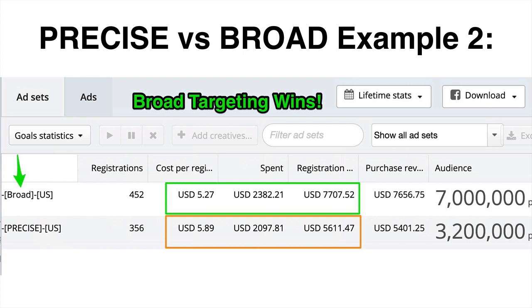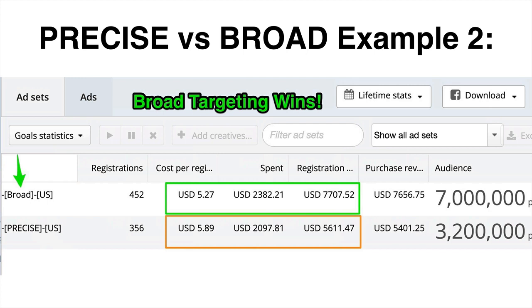And this is why you should always split test your ads between broad interest and precise interest. It's good to be able to see this type of stuff, right? Really good to be able to see this type of stuff. And you can identify where your winners are, your big winners are, and your losers are. All right, so that's it for priority number 1.